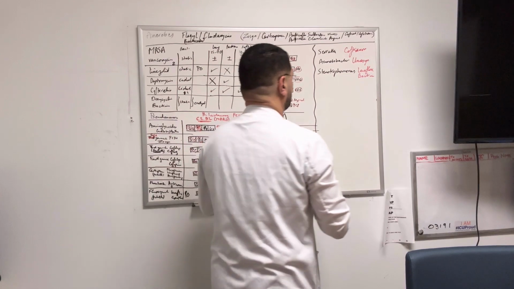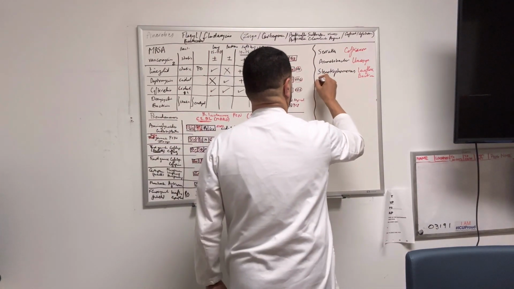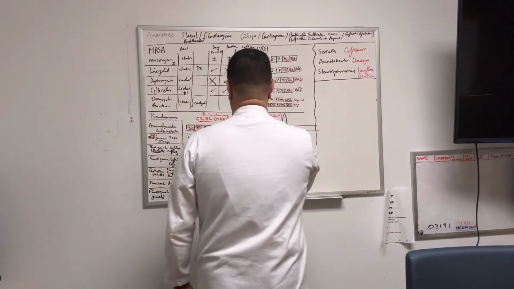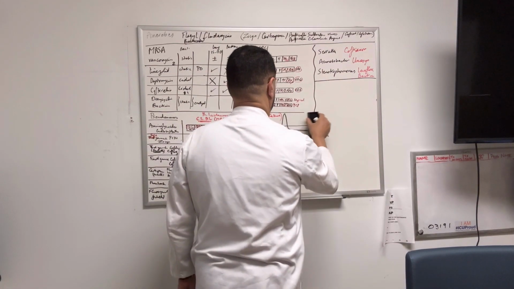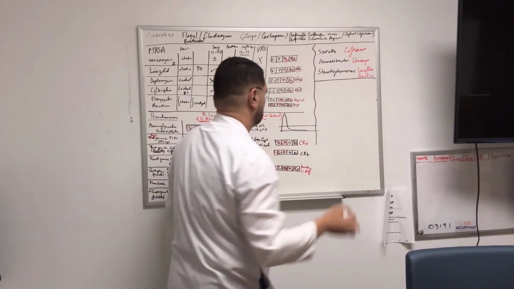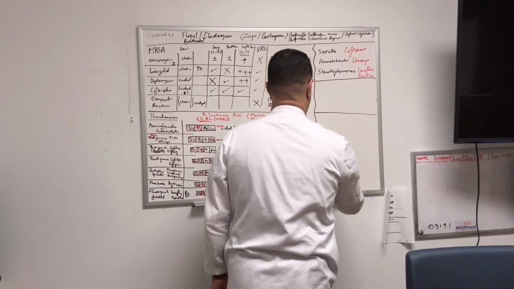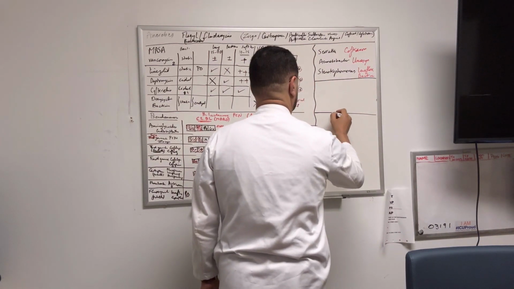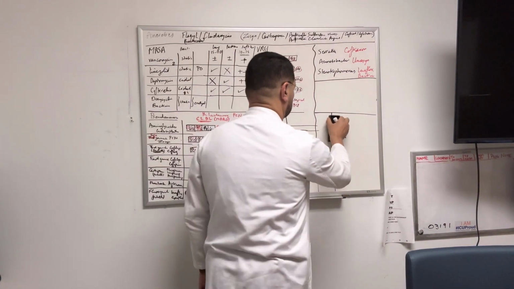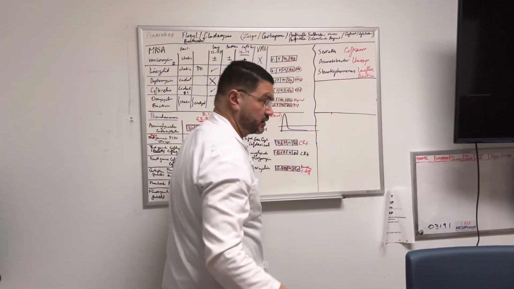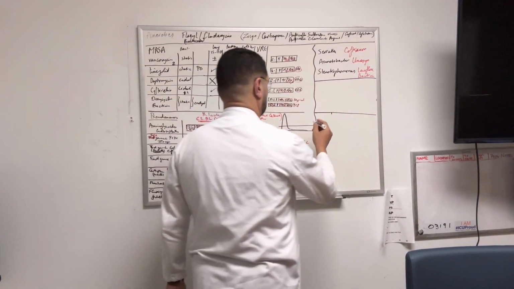All right, so let's talk now about antibiotics. Maybe we can write it next to it here. We're going to talk about the antibiotics that kill gram-negatives, but not MRSA.